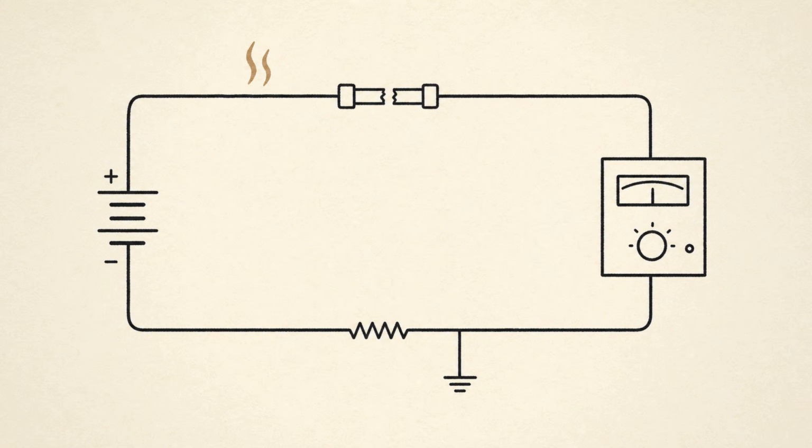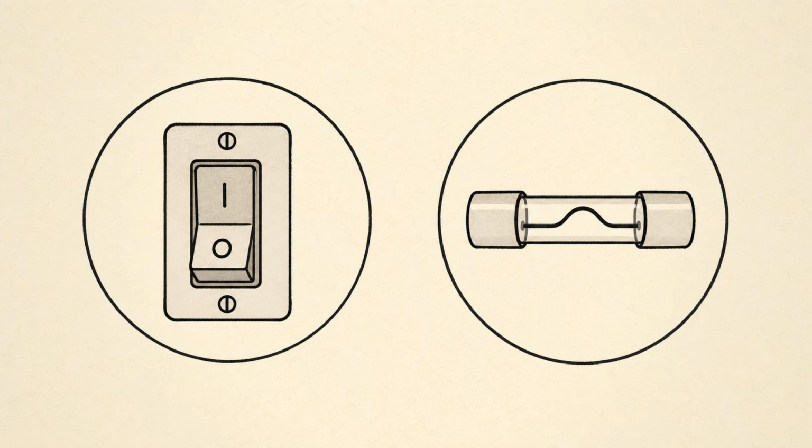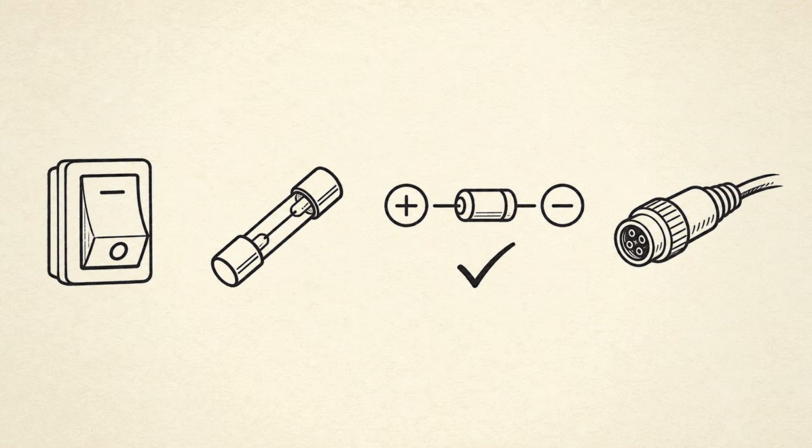A short circuit can heat wires quickly and damage equipment. In radio work, good safety habits start early. Switch off power before changing connections, use fuses where needed, check polarity, and use the correct rating for cables and components. The exam tests these ideas because they matter in real operation.